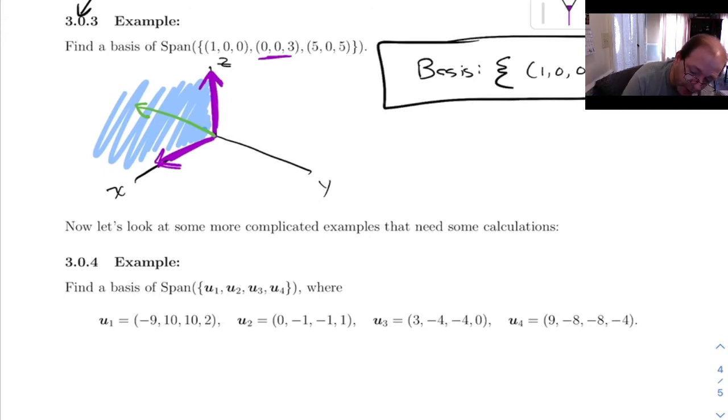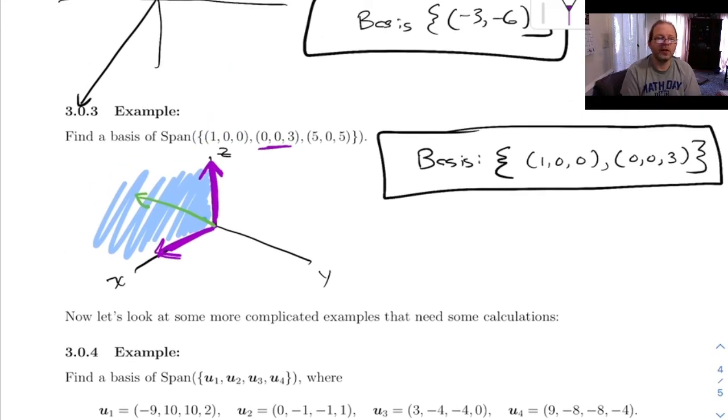But it would be just as correct to throw away the middle one and keep (1, 0, 0), or to throw away this one and keep the other two. So there are several different answers there, and actually, you can pick any two vectors that lie in that plane, and that would be a basis of this subspace.